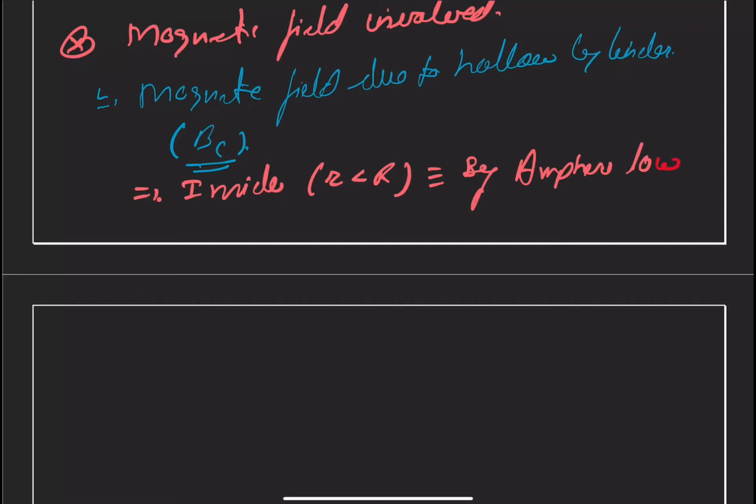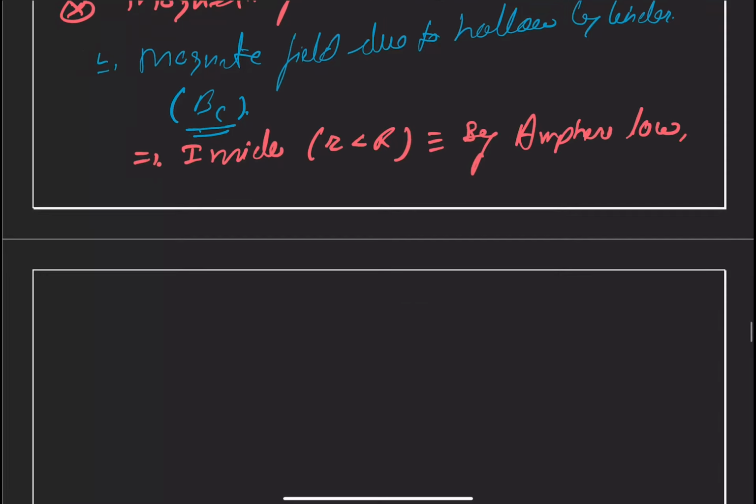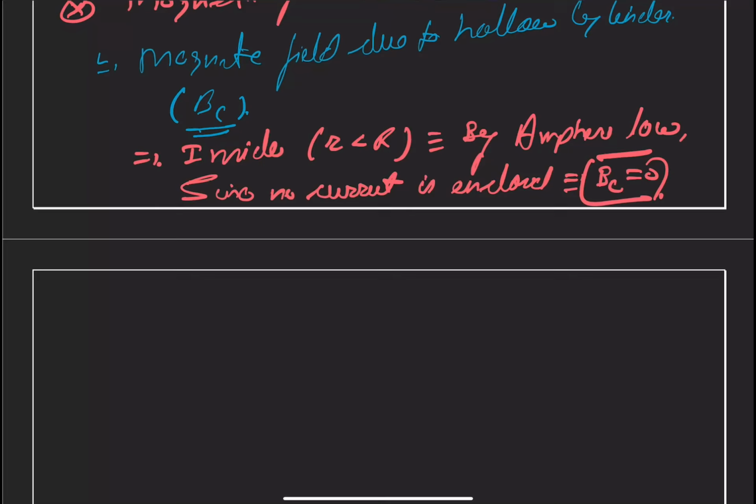By Ampere's law, since no current is enclosed, the magnetic field of the cylinder will be equal to 0.